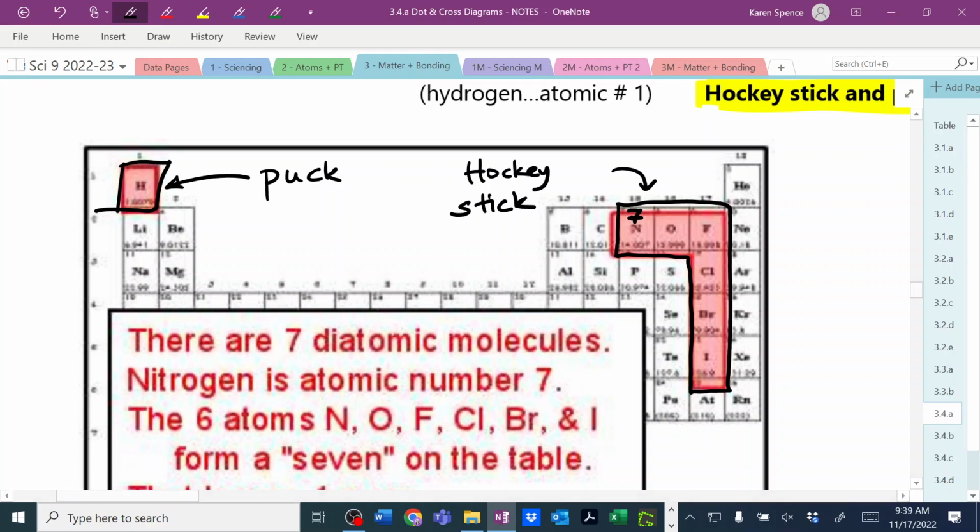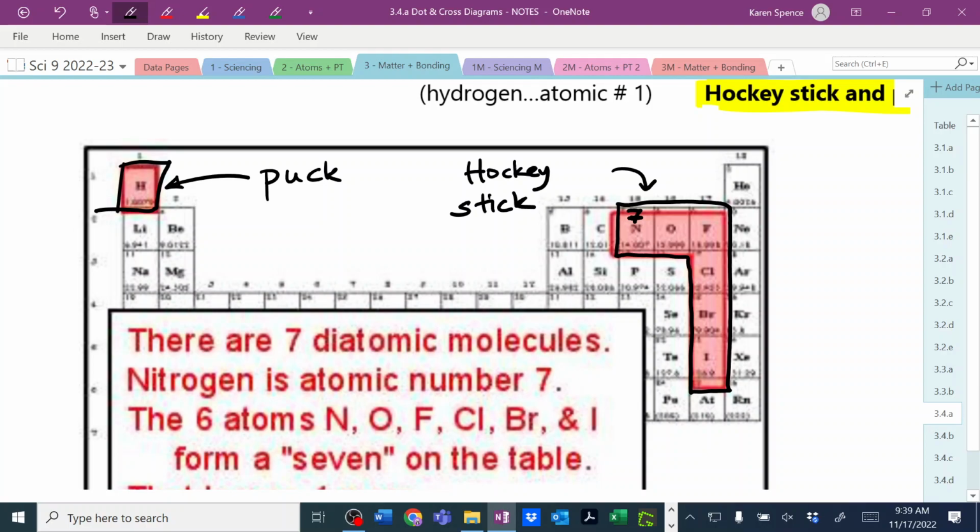Yes? Sulfur tends to form ring structures where it has 8 atoms in a molecule. It has 6 electrons in its valence shell.